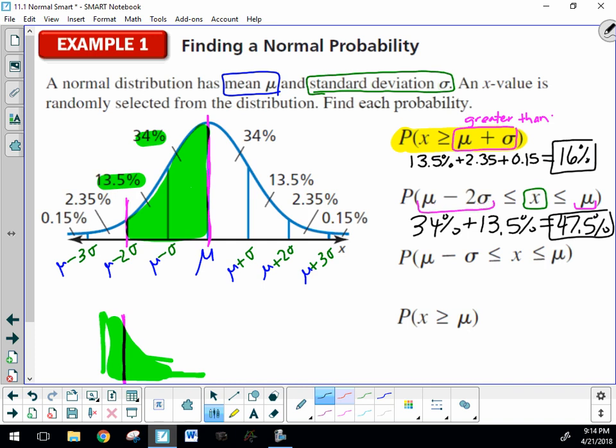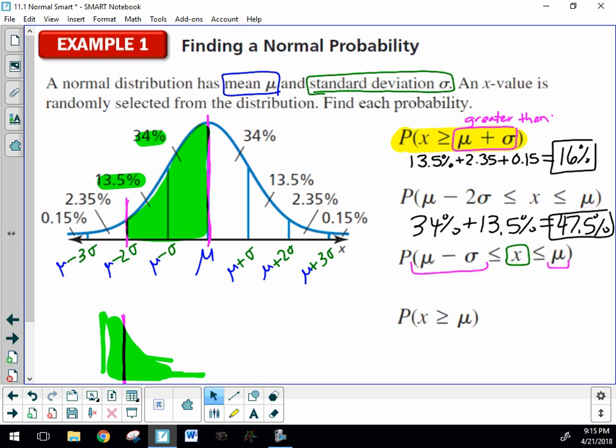Okay, we've got another probability that is between two values. What is the probability that x is between one standard deviation below the mean and the mean? So let's modify this. We now want that fence to be one standard deviation below the mean.